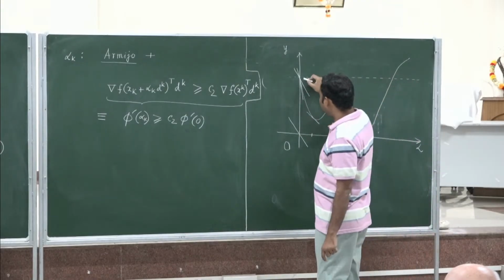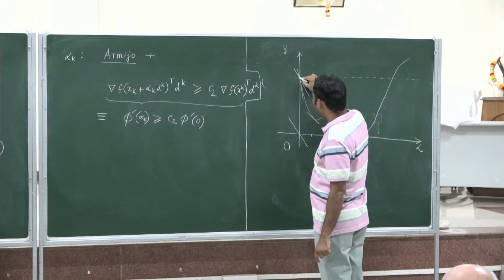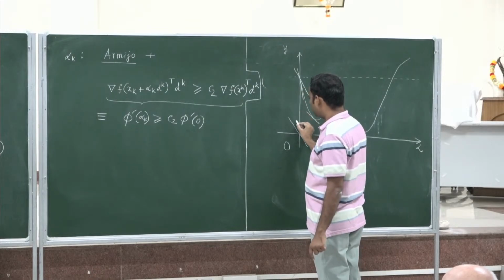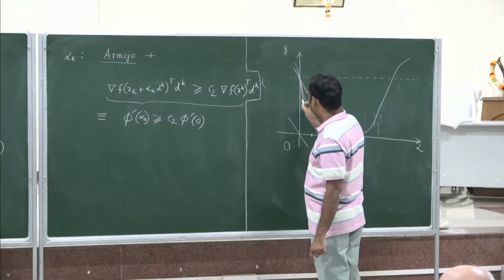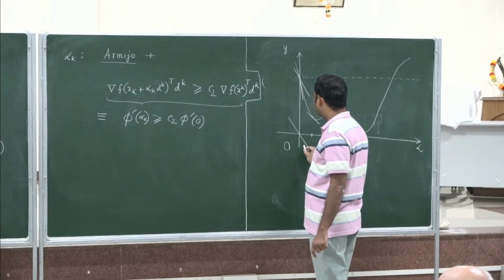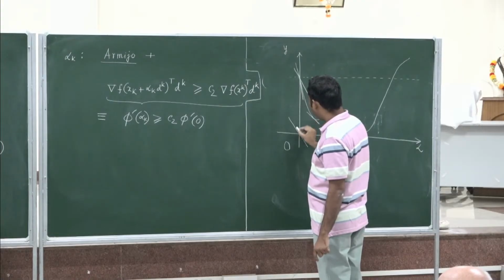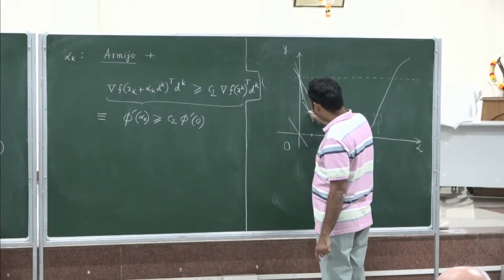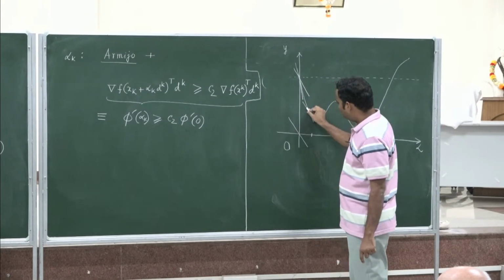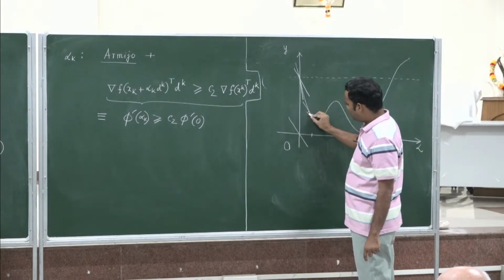So let us figure out, starting from alpha equal to 0: this slope is not beyond, right? The tangent slope is over here, so it is not exceeding. Then slowly, if we come parallel to this line, it will be over here. So starting from here, the slope is slowly increasing, right?